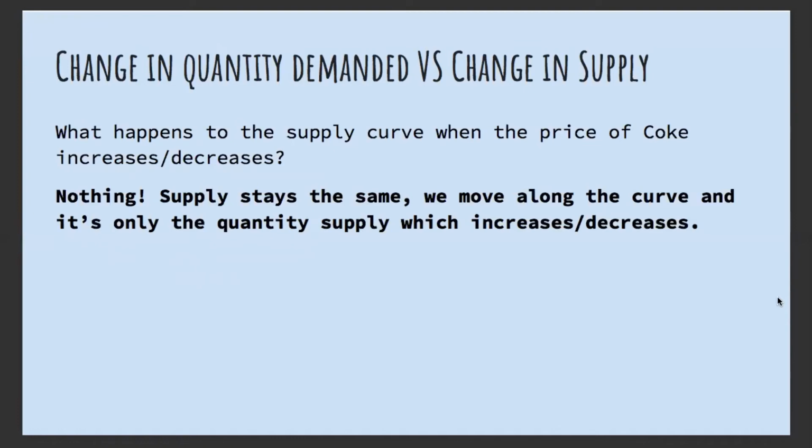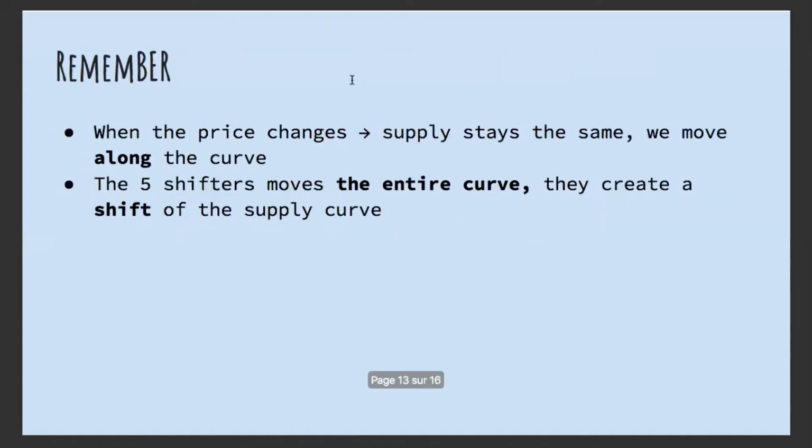So remember the difference between the change in quantity supplied and the change in supply. When the price changes, the supply stays the same. We move along the curve. When it's one of the 5 big shifters, it moves the entire curve, and they create a shift of the supply curve.